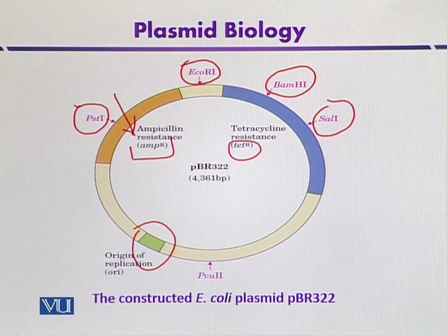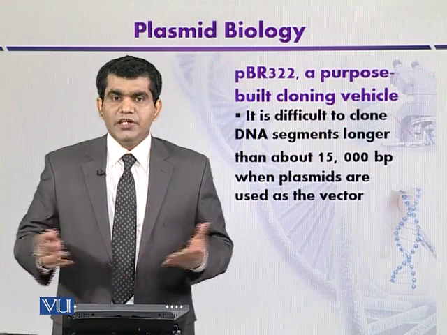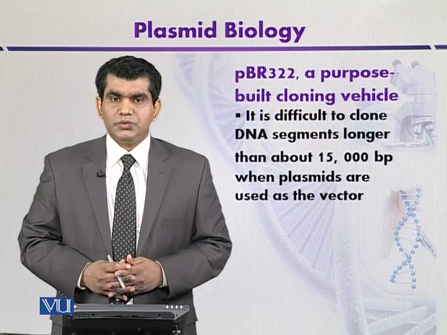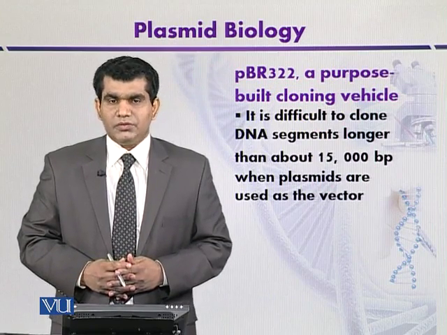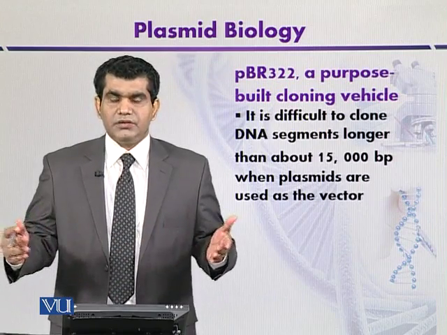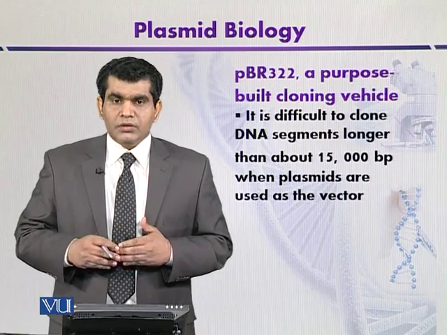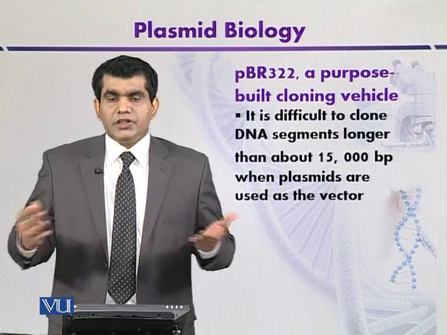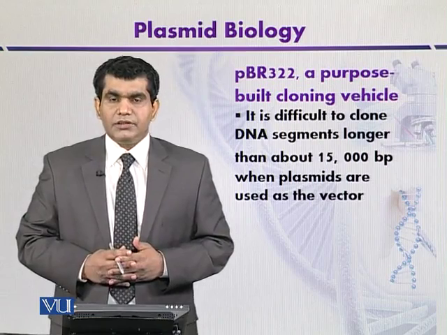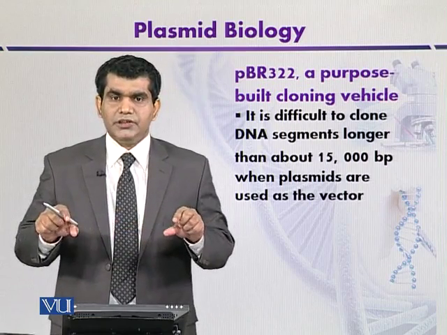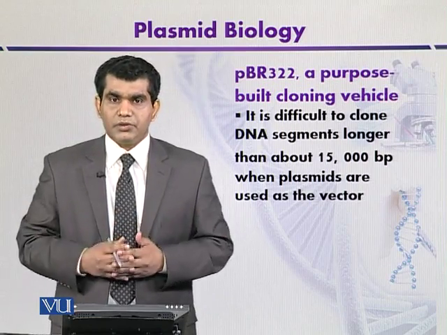The overall length of pBR322 may be up to 4361 base pairs, and slightly it can be variable. So we can say that pBR322 is a good cloning vector because of the presence of different selectable markers. And there is also a limitation that the length of the fragment that is cloned is very important.